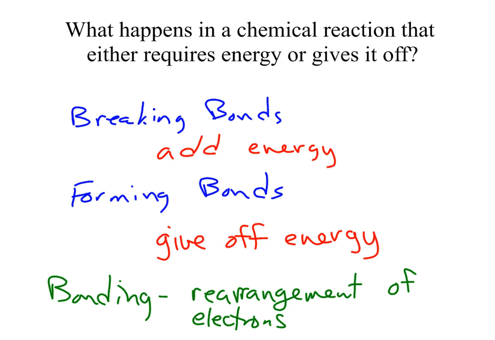So just to refresh our memory here, the breaking of bonds always requires energy to be added in order to break bonds. The forming of new bonds will always give off energy. Oftentimes, bonding involves the transfer or rearrangement of electrons, which is very important in terms of that energy process.